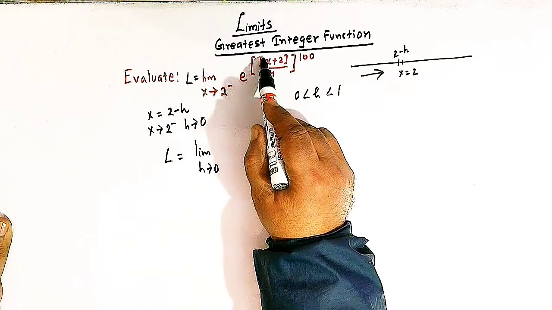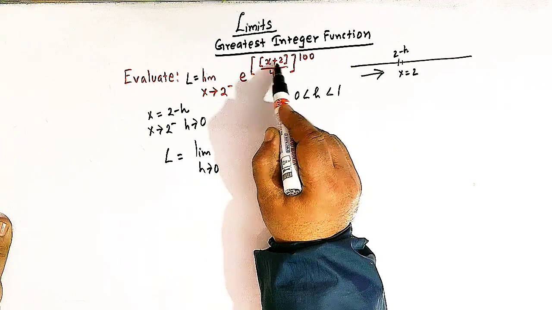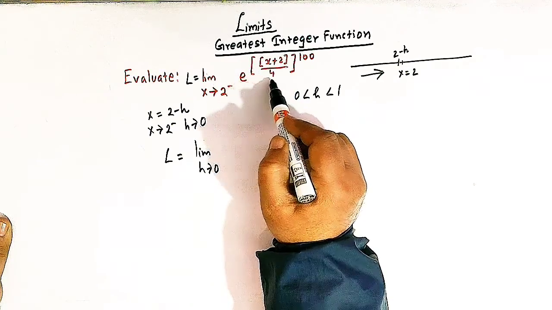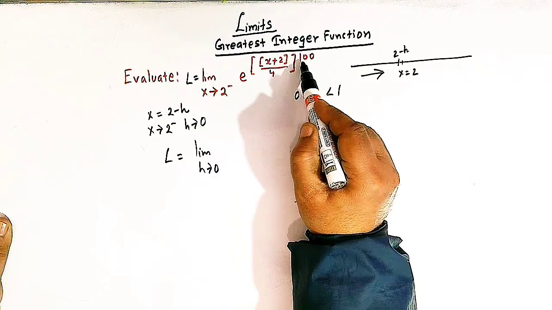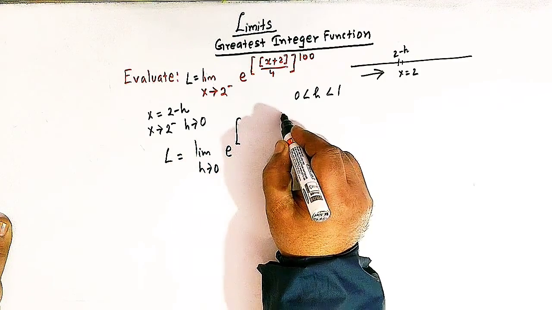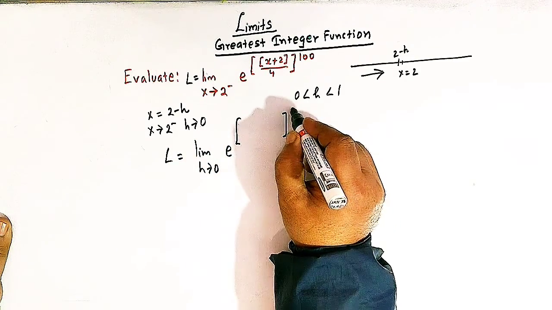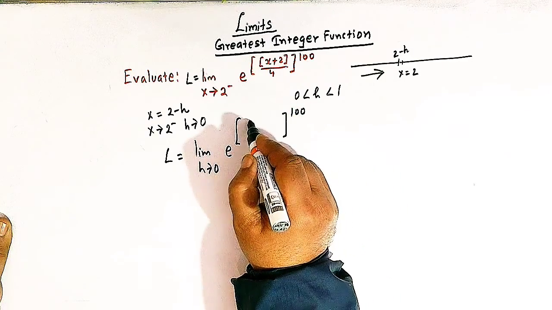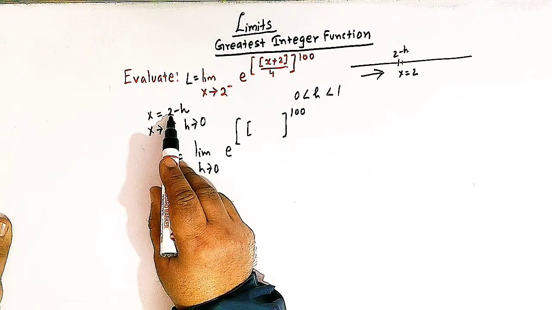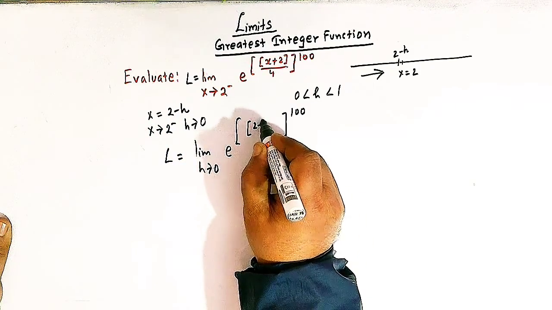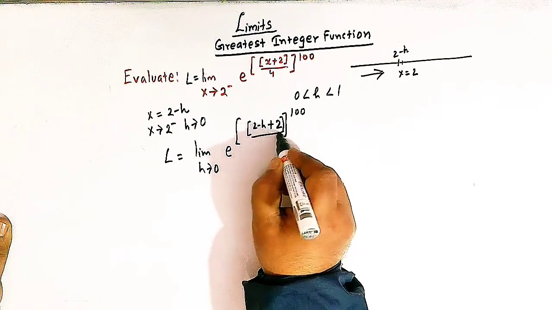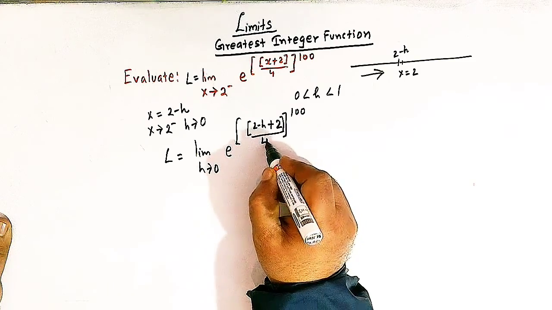First we have the greatest integer of x plus 2, then we have the greatest integer of this entire term, and then the exponent 100. So x can be taken as 2 minus h, then plus 2, and then here we have 4.